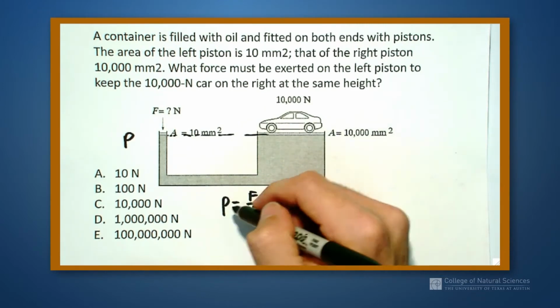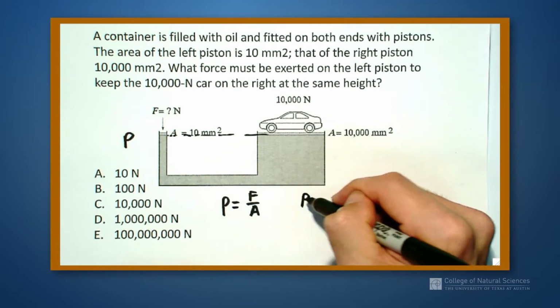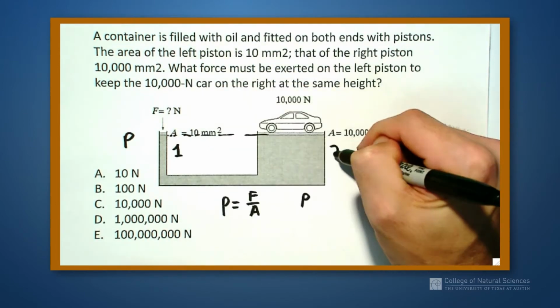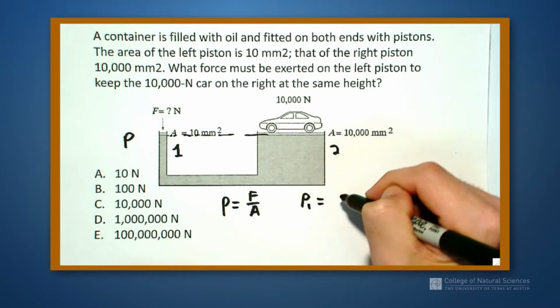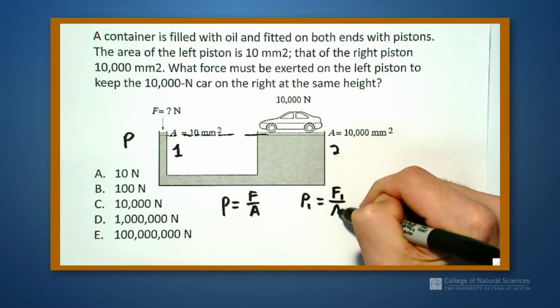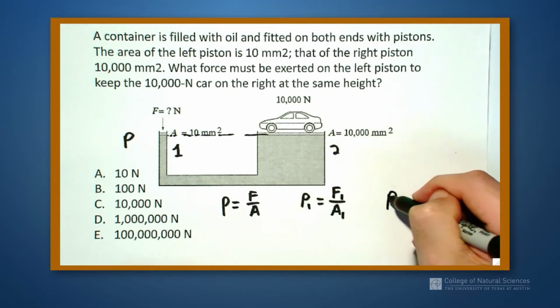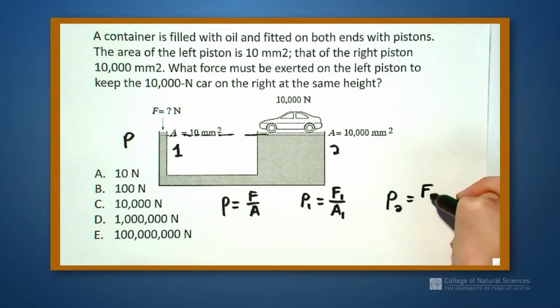So pressure on side 1 is the force on side 1 over the area of side 1, and the pressure on side 2 is the force on side 2 over the area of side 2. And we know that these two have to be equal.